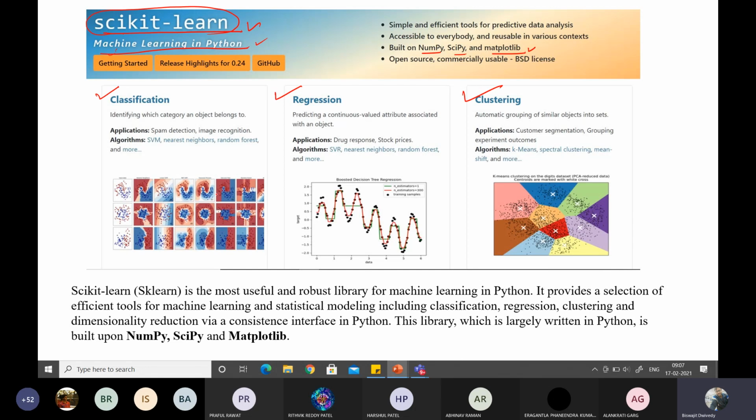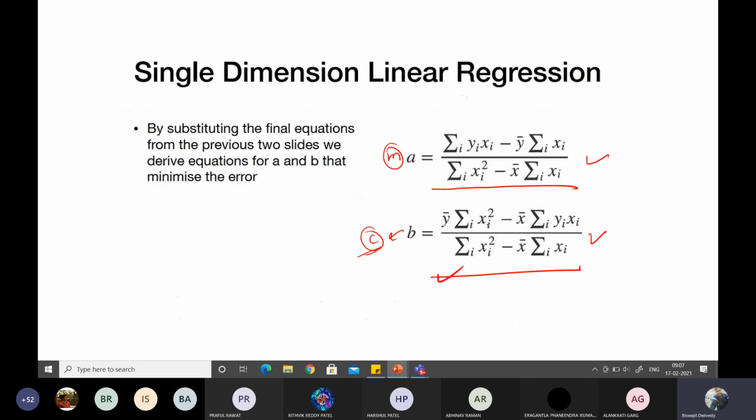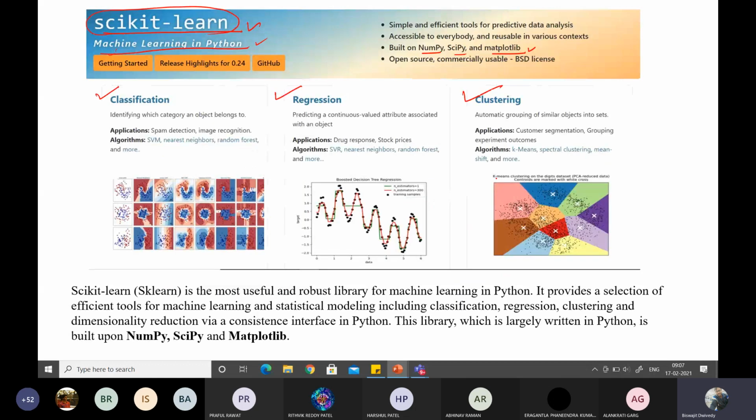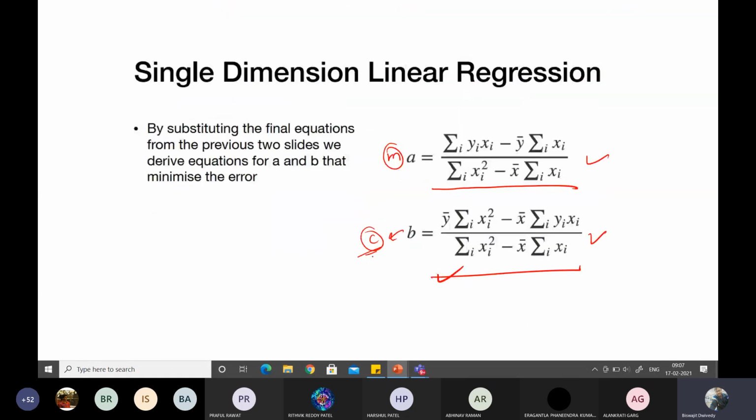In this expression, some square values are there, xi square, and also the summation of yi into xi. So whenever products and summations are there, it's better to use the dot product. Because what happens in the dot product?